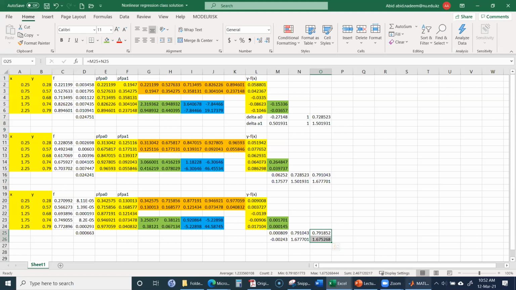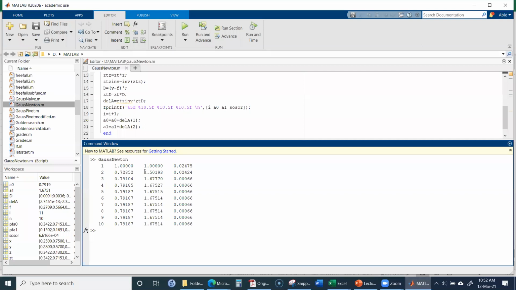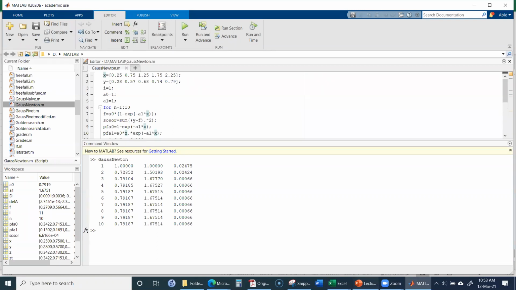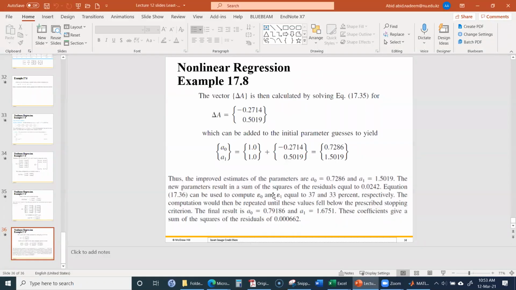So in this way, this process will work. In fact, I have also done it in MATLAB, and I wrote one script for that as well.